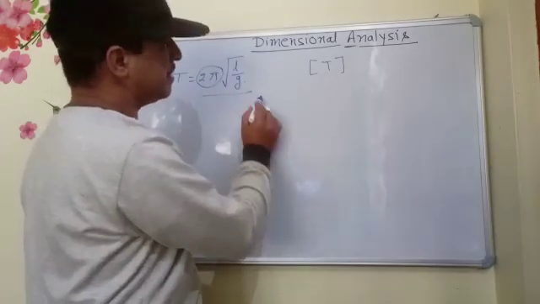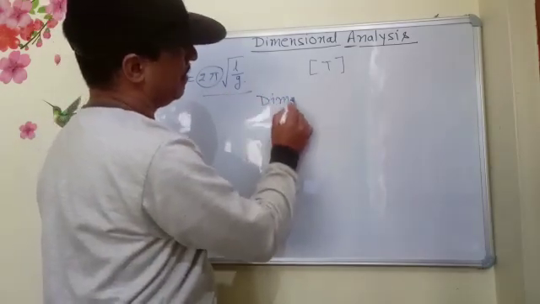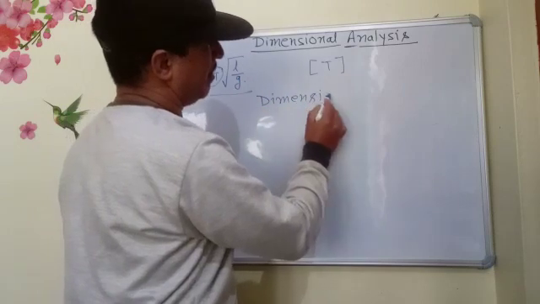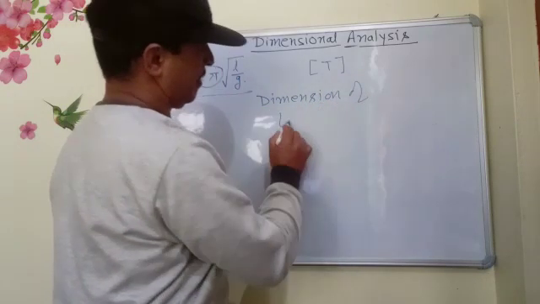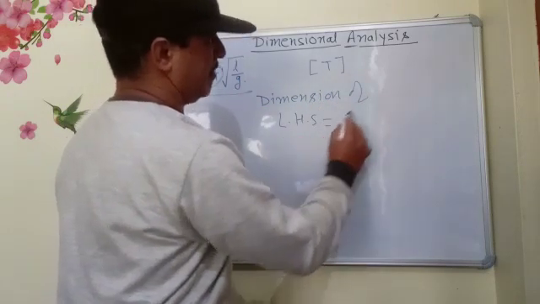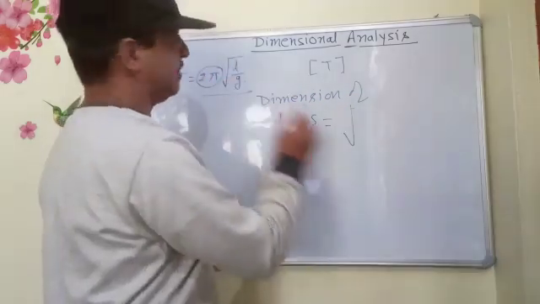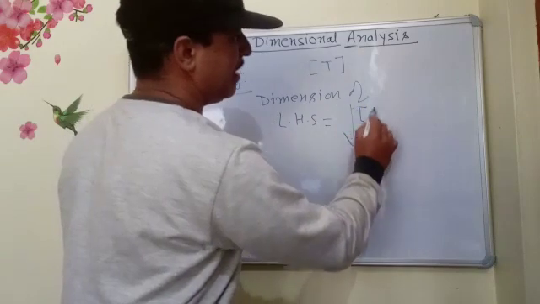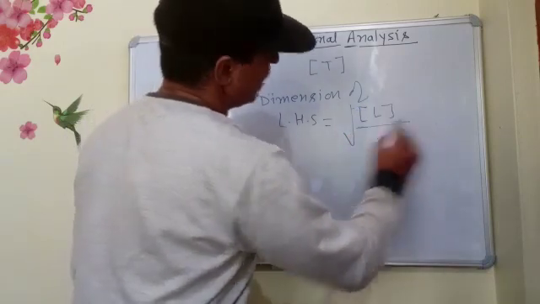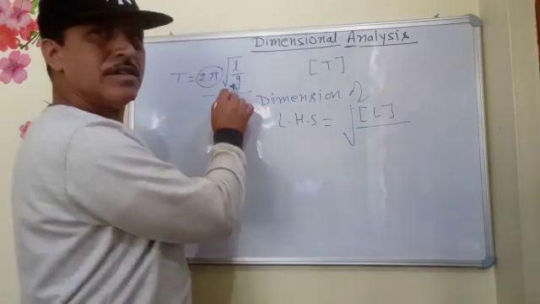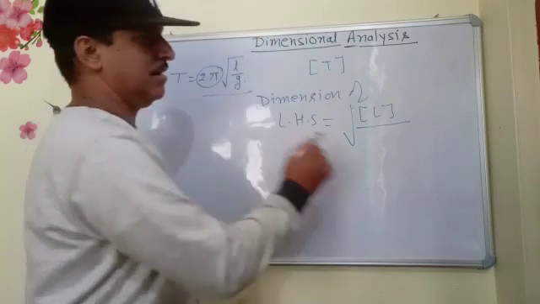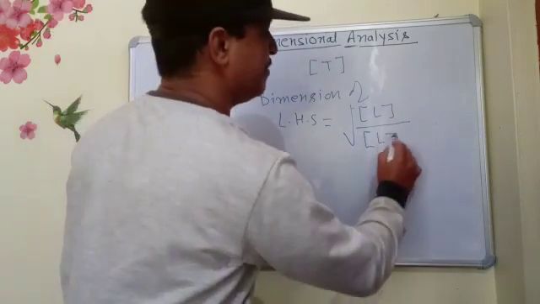So dimensions of right side are square root of dimension of L, length, that is L, divided by dimensions of g, that is acceleration, which is LT minus 2.